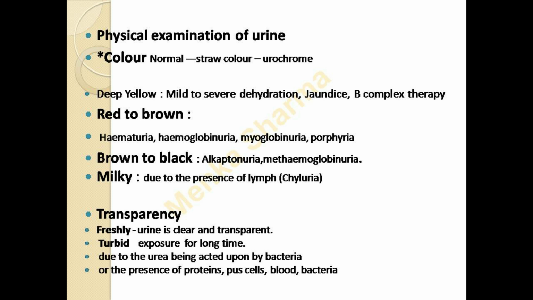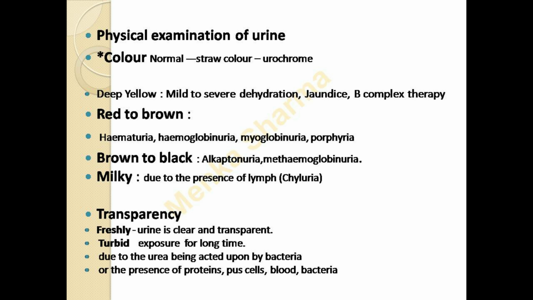Red to brown color urine indicates hematuria, hemoglobinuria, myoglobinuria or porphyria. Brown to black color urine indicates alkaptonuria, methemoglobinuria. And if the color of urine is milky, that can be due to presence of lymph, and the condition is called chyluria.